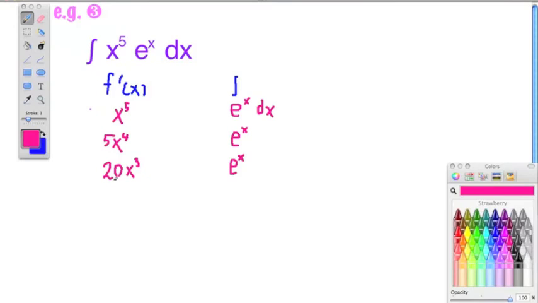So let's just continue. We'll get 60x squared. This is the same, e^x. Now we will get 120x.